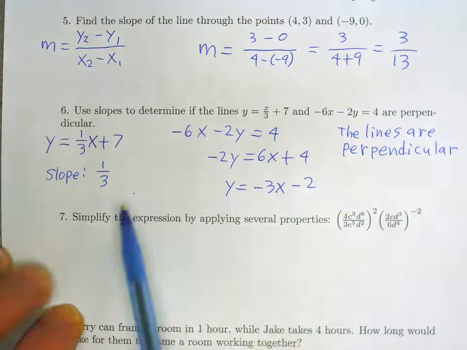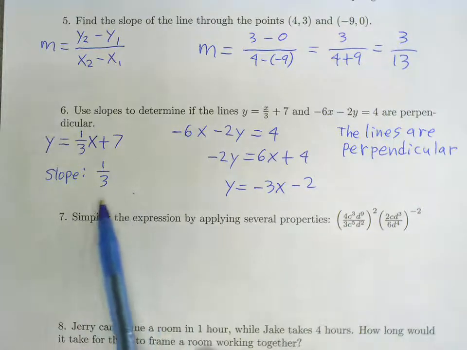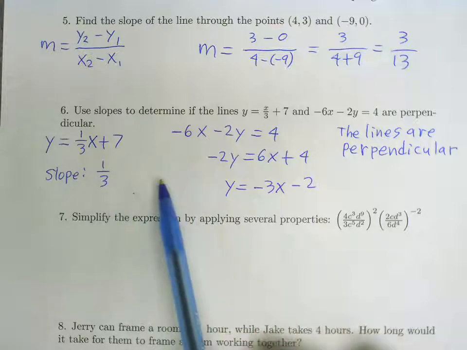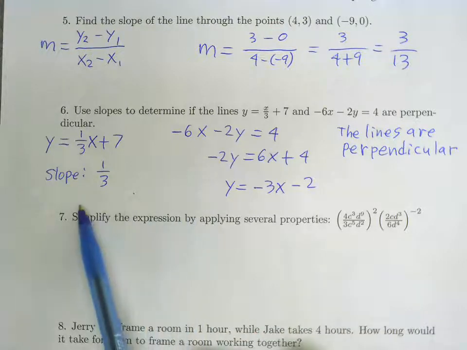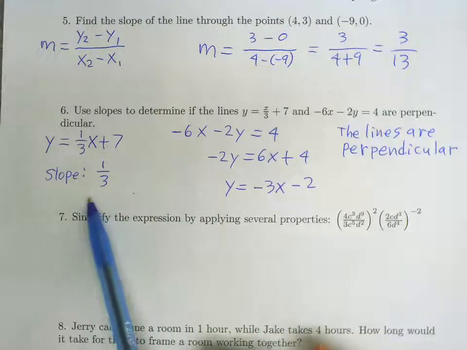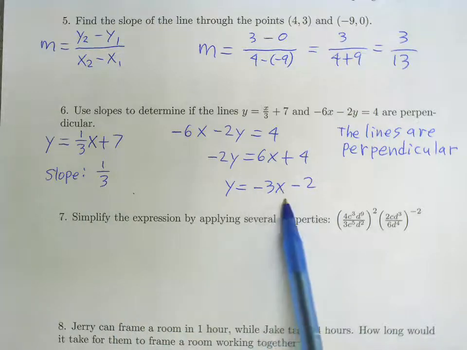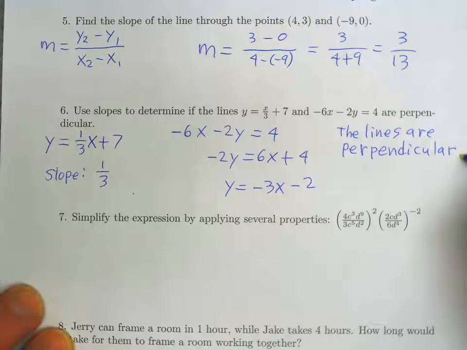Okay, so just a couple more comments. The reciprocal of 1/3 is 3 over 1, or 3, and so the negative reciprocal of 1/3 is negative 3, which is what the slope of the other line is. So that means the lines are perpendicular.